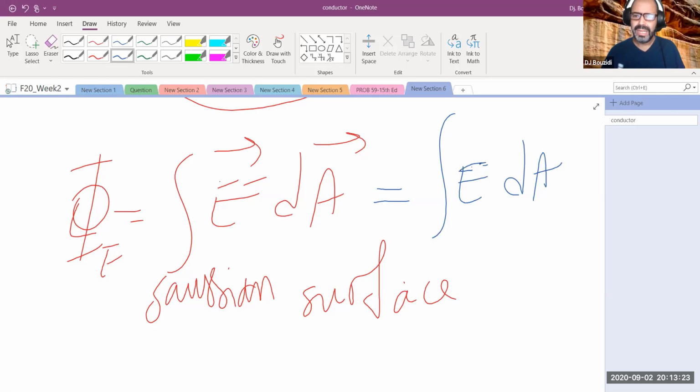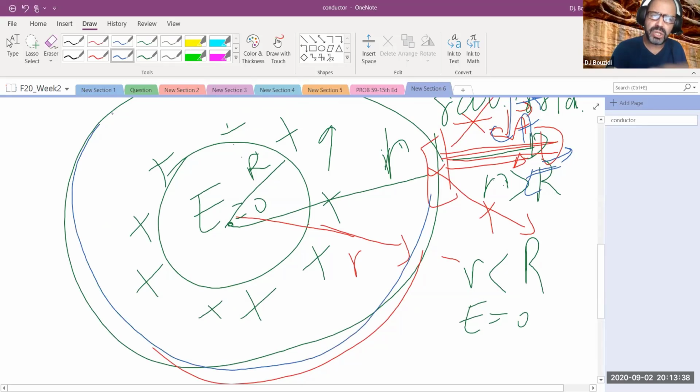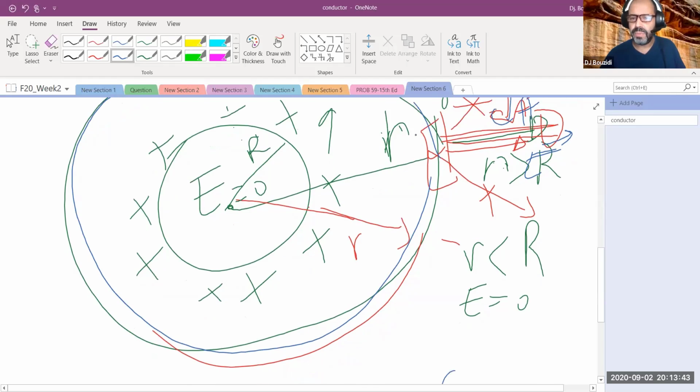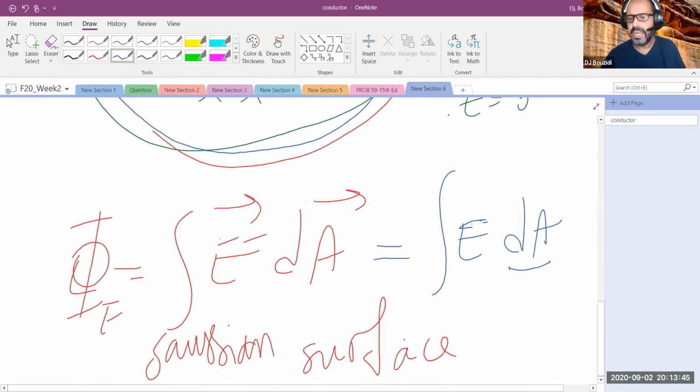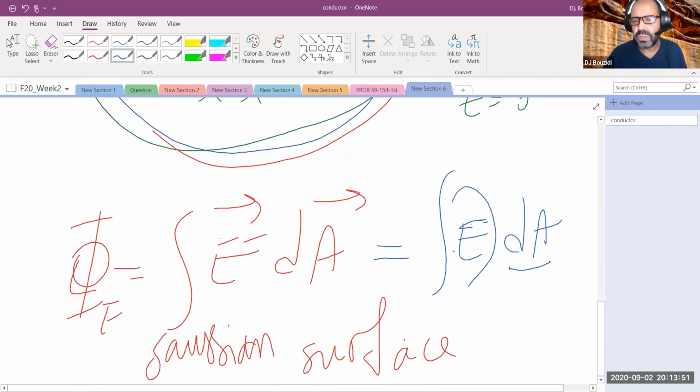Furthermore, since we are on a sphere, the only thing that changes on the sphere of radius R is the direction. So R stays the same as long as we are on the sphere. Since we are doing the summation on the sphere, only the direction changes. And E on the entire sphere is the same by symmetry. So E is constant on the sphere, and it's going to come out of the integral.